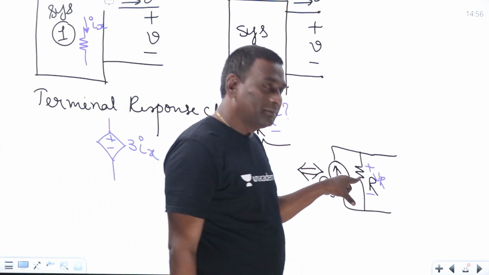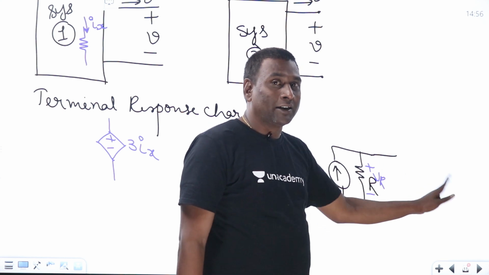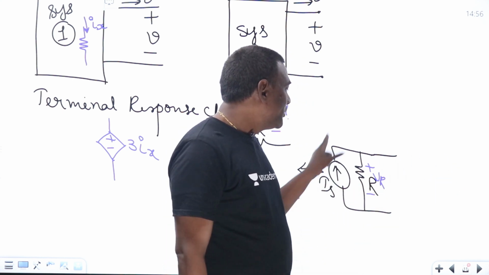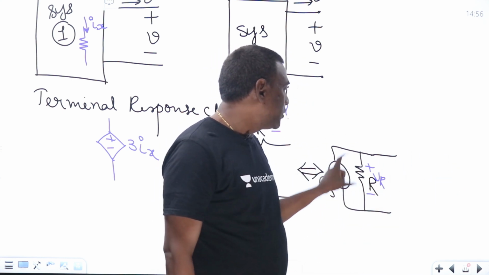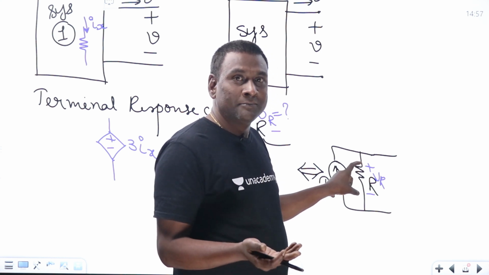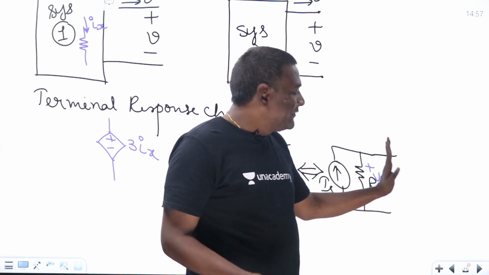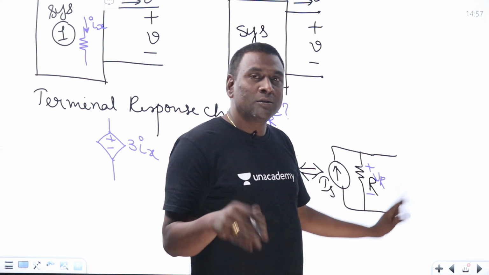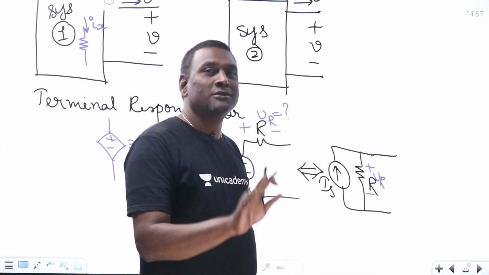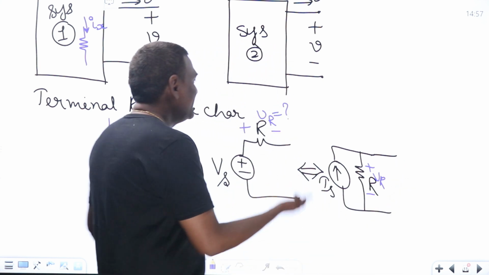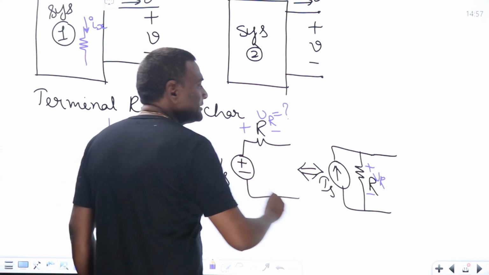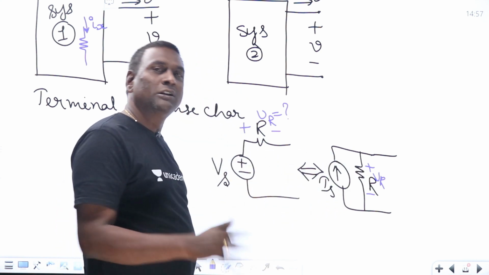In the other case, under open circuit condition, how much will be the voltage across this? Is into R, which is maximum. Getting my point, right? So if anything is asked inside the system, we are not supposed to go with equivalent circuits, because inside the system the voltage across this resistance and the voltage across that resistance are altogether different.